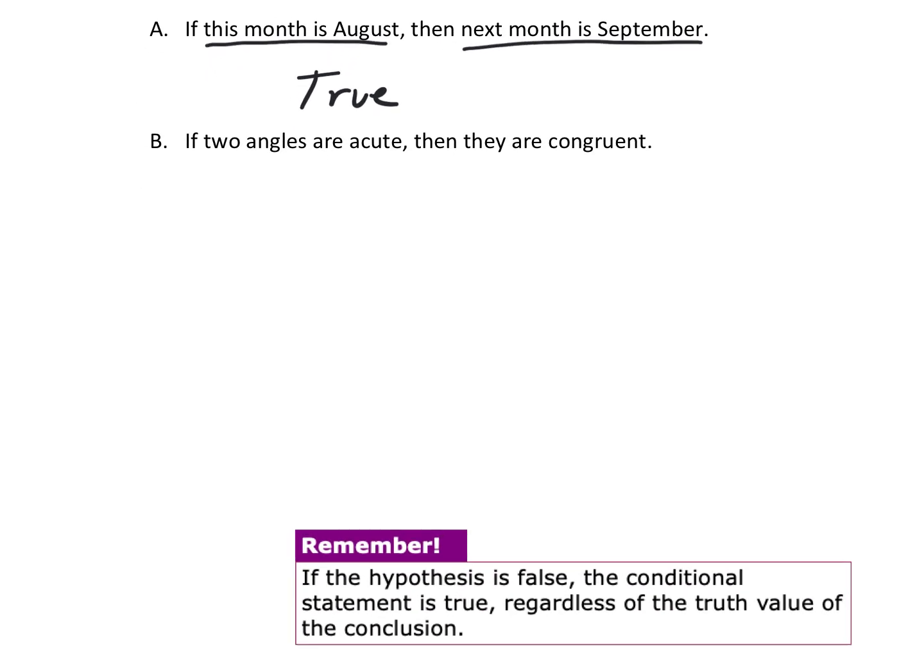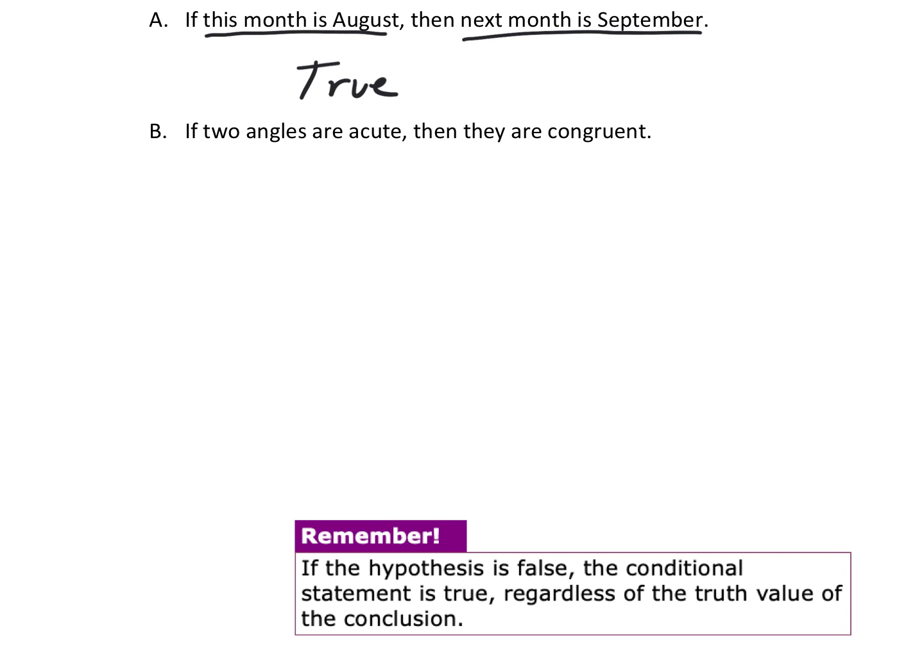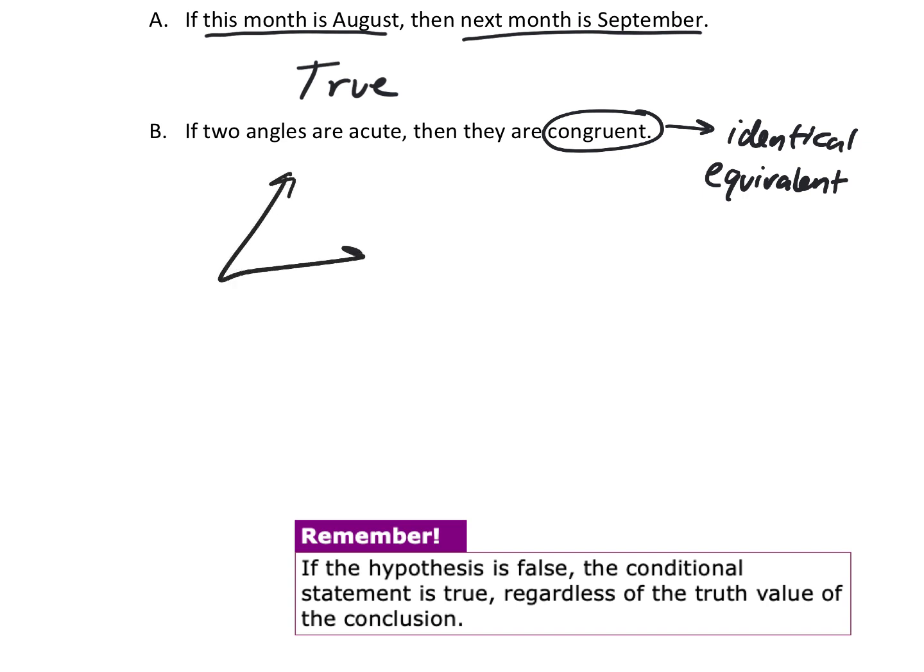Let's look at example B. If two angles are acute, then they are congruent. Remember, congruent is one of those words we say is identical. They are equivalent. So if two angles are acute, so we're only thinking of acute angles, then they are congruent. Is it possible to come up with two acute angles that are not congruent?